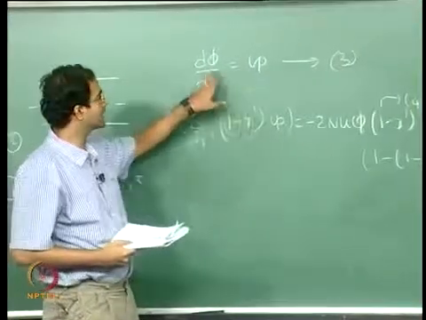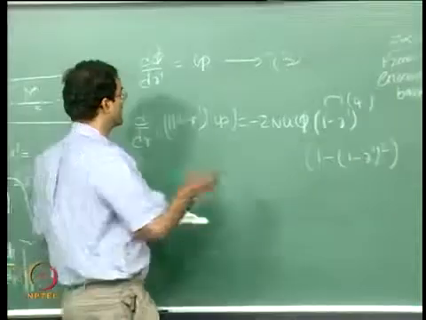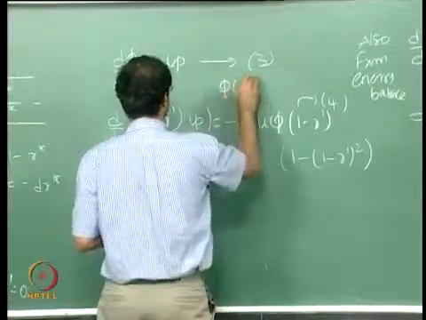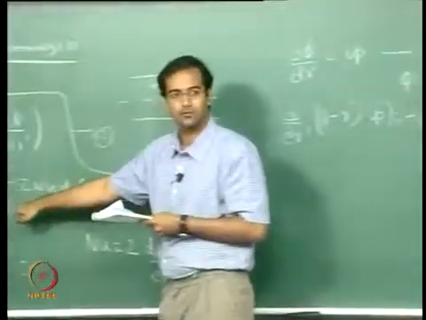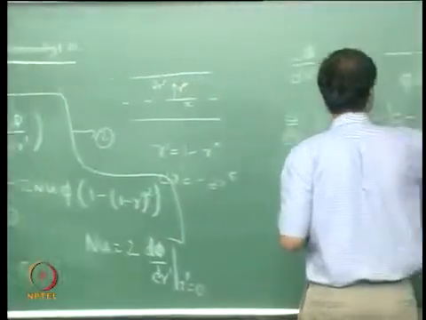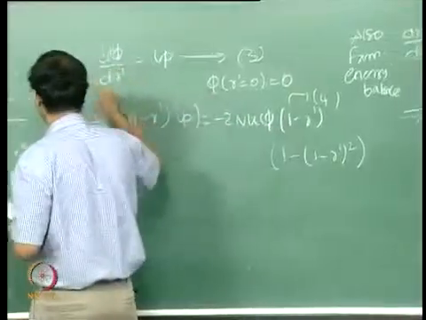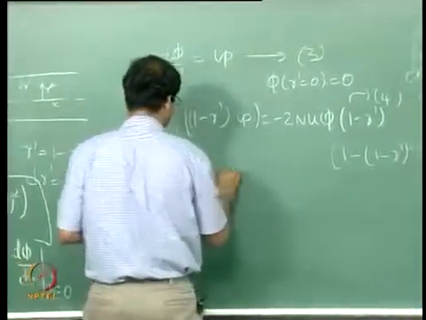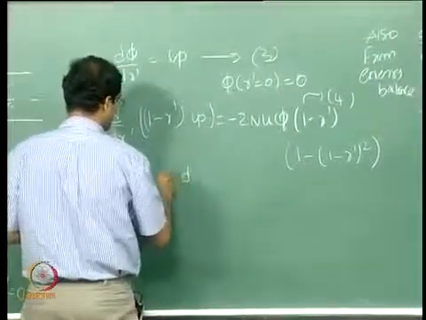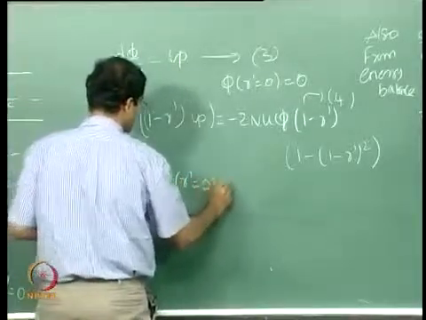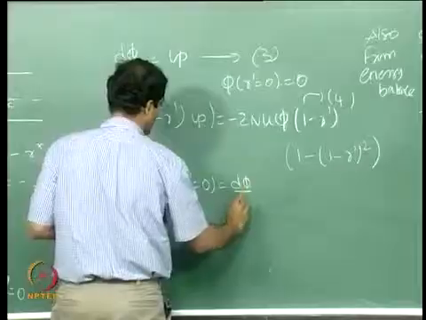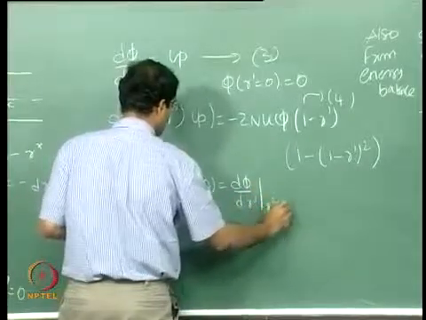So the boundary condition for this, phi at r prime equal to 0, that basically is 0. So that is sufficient for solving this. Now for solving this you need psi at r prime equal to 0, which is nothing but d phi by dr prime at r prime equal to 0.